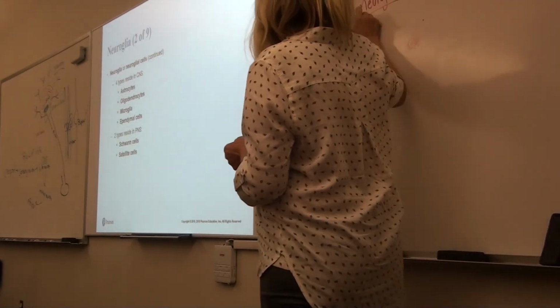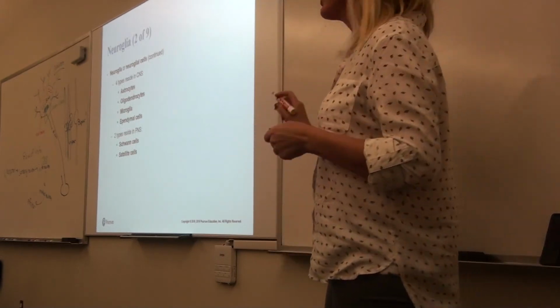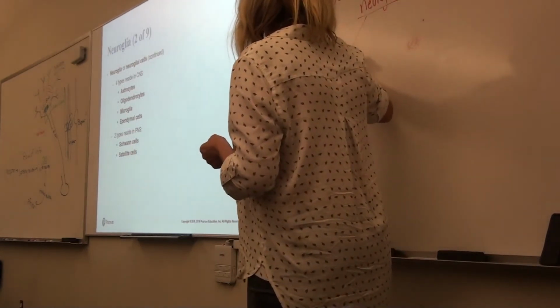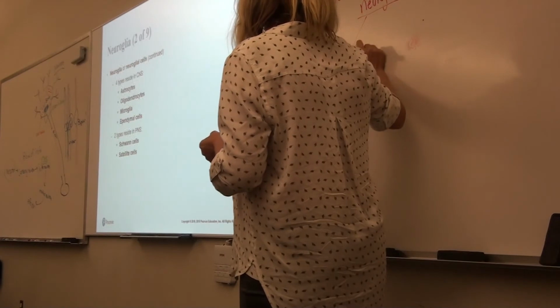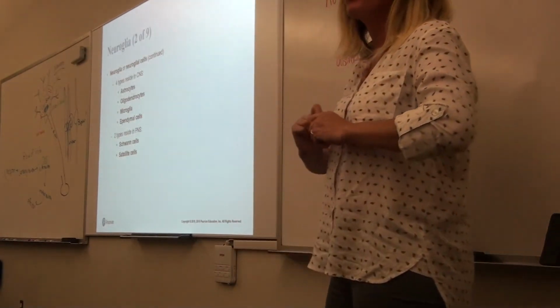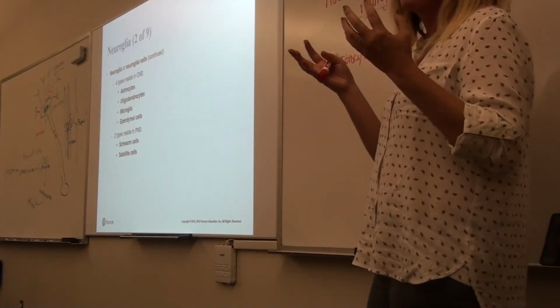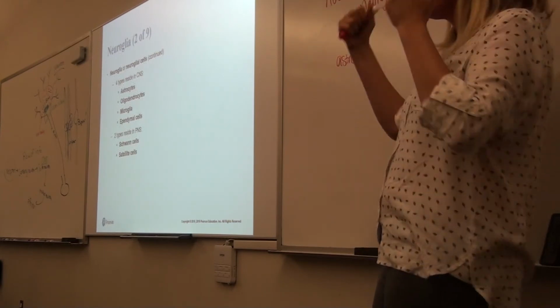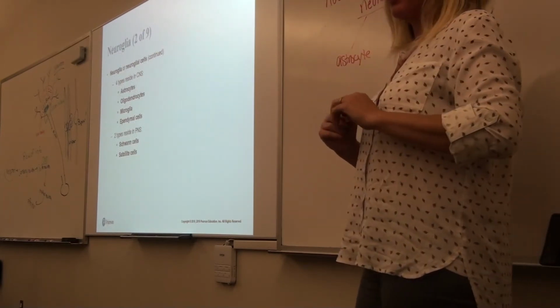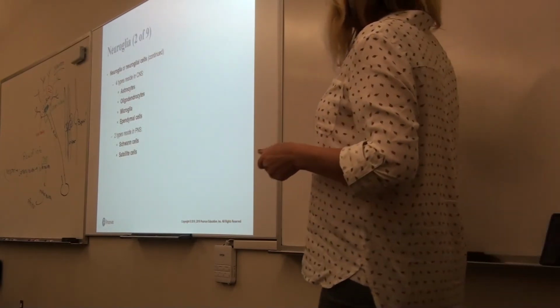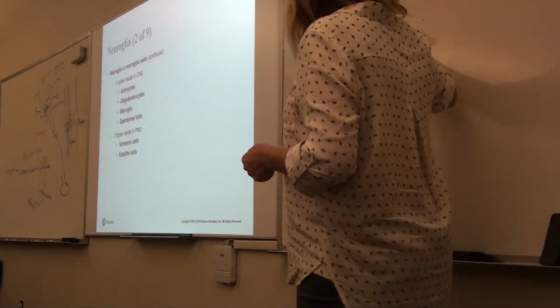So, the types of neuroglia in our central nervous system include something called an astrocyte. An astrocyte is a small star-shaped cell, right? Think astro, like astronomy, right? It's literally a star-shaped cell. Oligodendrocytes.